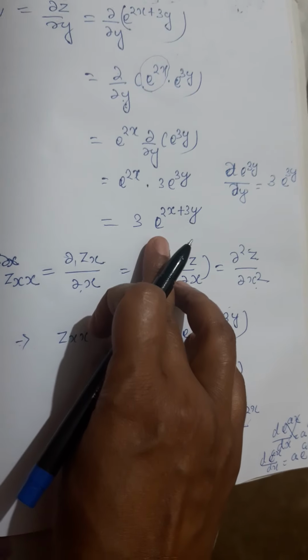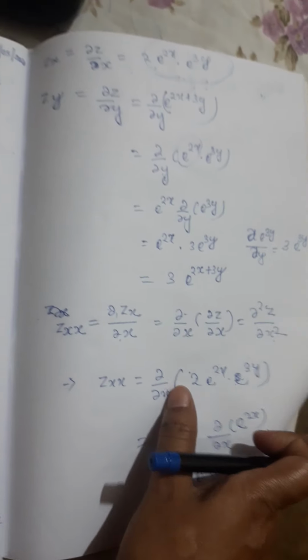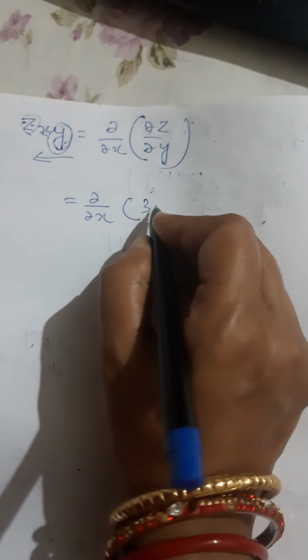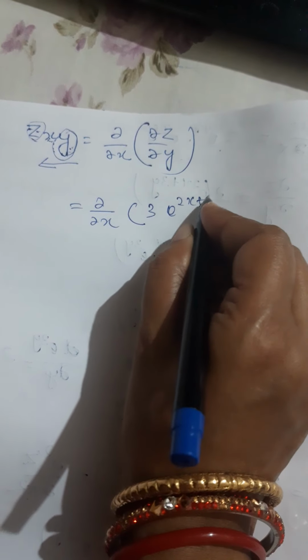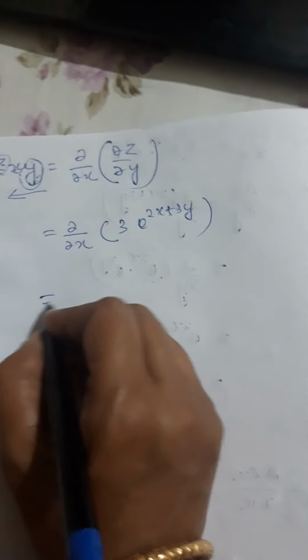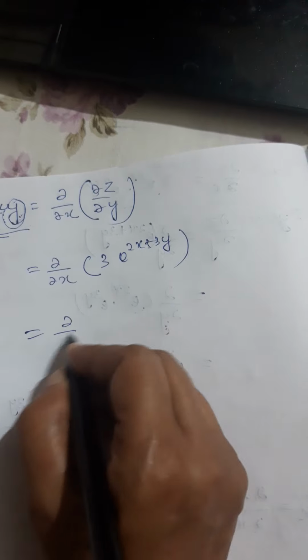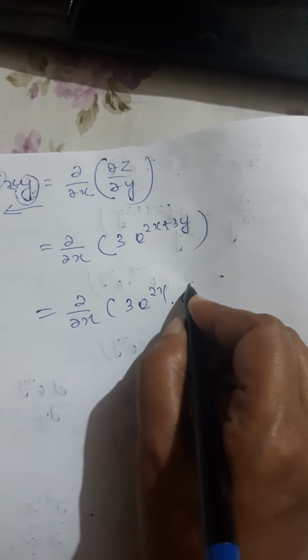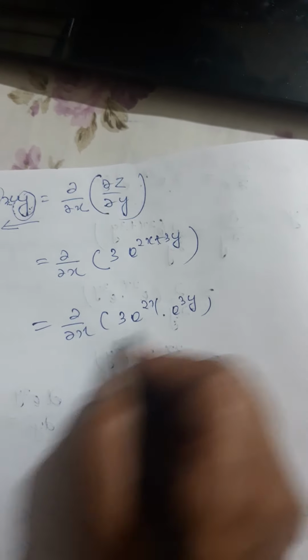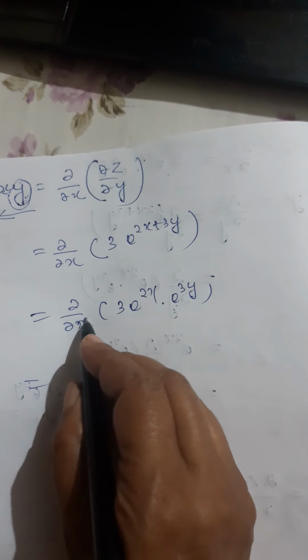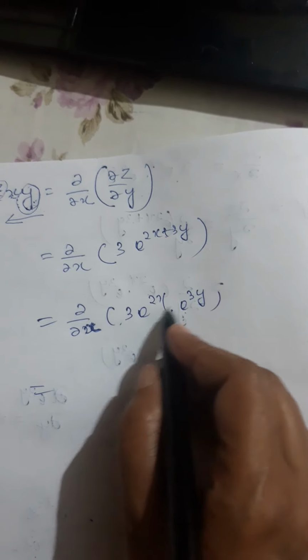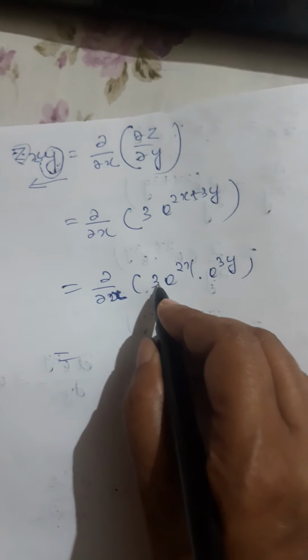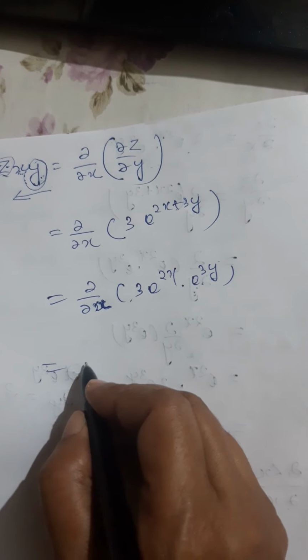So what is your del z by del y? We have already found 3 e to the power 2x plus 3y. So del by del x 3 e to the power 2x into e to the power 3y. This can be written as this. So with respect to x, derivative with respect to x means we should take 3 and e to the power 3y as constant.